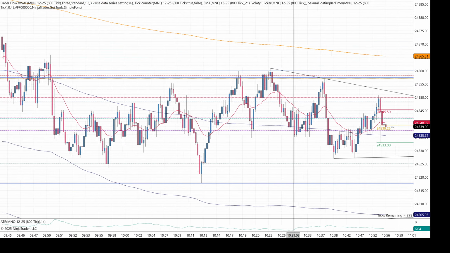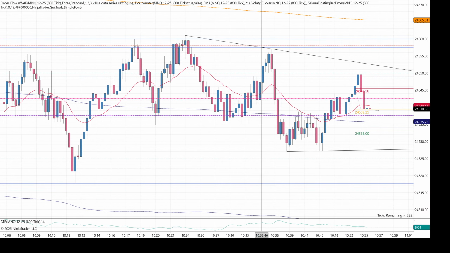Today's price action, though, has been very challenging, but if you're able to navigate around challenging price action, you'll be able to do it in any other environment, right?